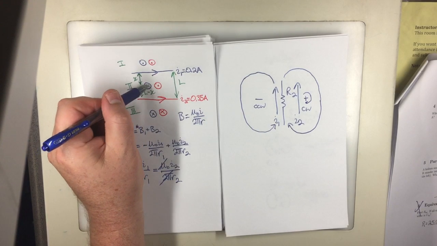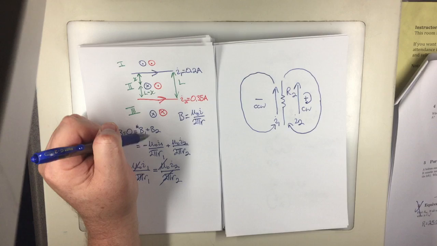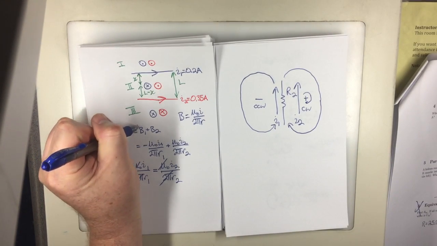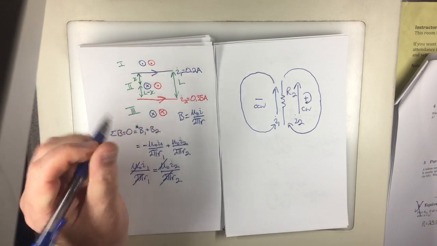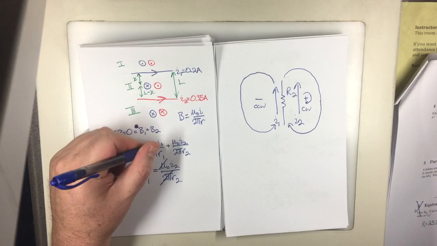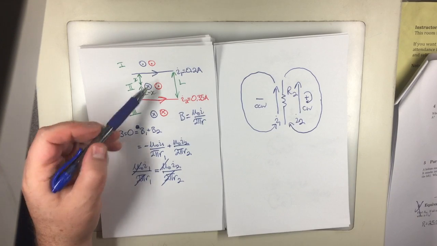When you look at this, the blue is in and the red is out, which means technically this is right without the minus signs, but I say B1 is negative mu naught I over 2 pi R1. Why is B2 positive? Because the red is out of the page.